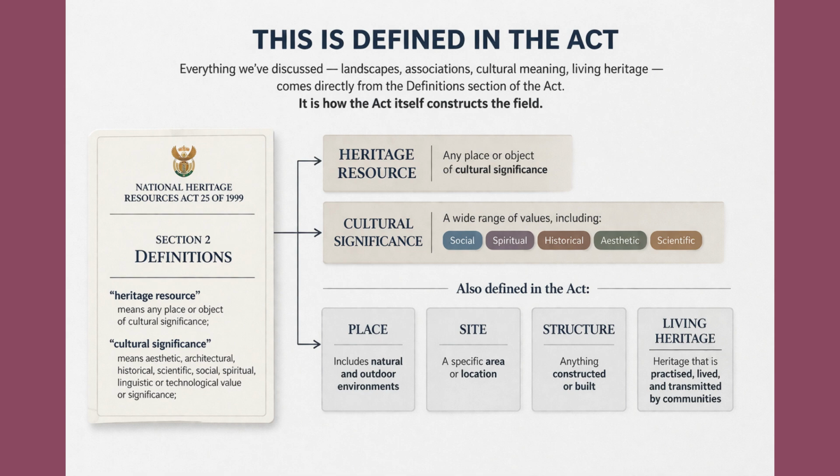And it's how the Act itself constructs the field. The Act defines a heritage resource as any place or object of cultural significance, and cultural significance in terms of a wide range of values, including social, spiritual, historical, aesthetic, and more. It also defines concepts such as place, site, structure, living heritage.